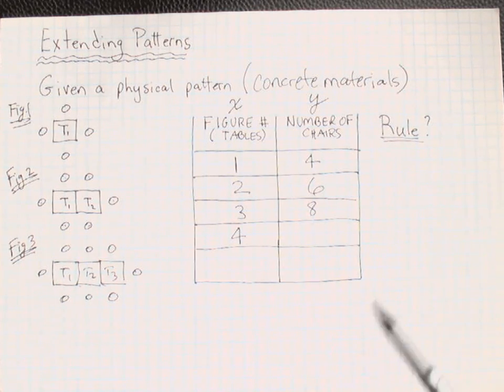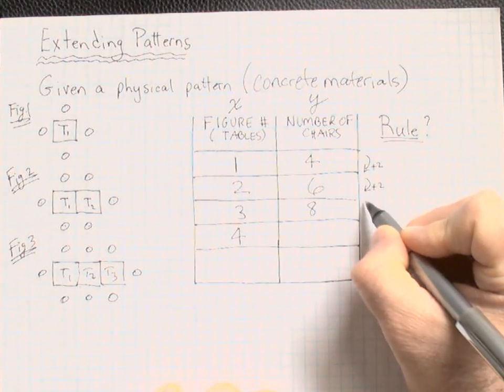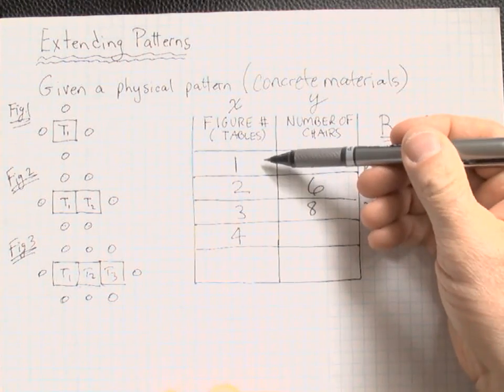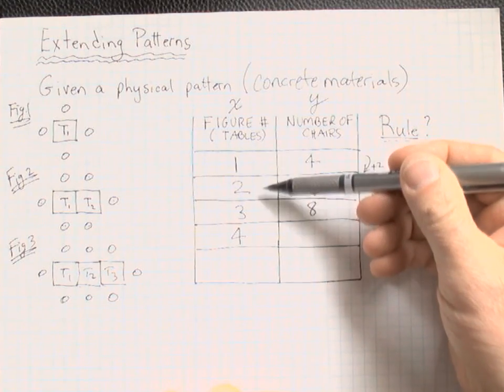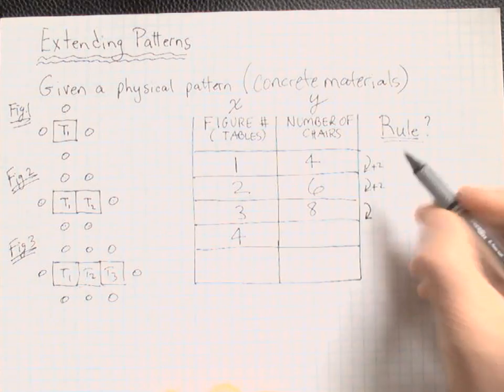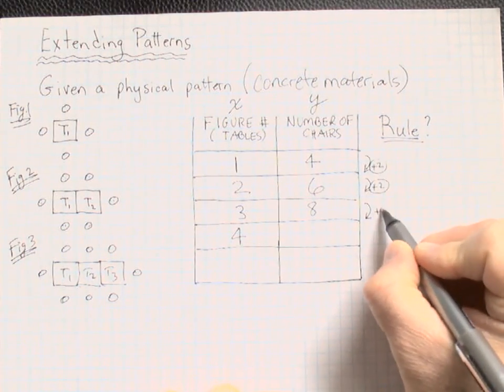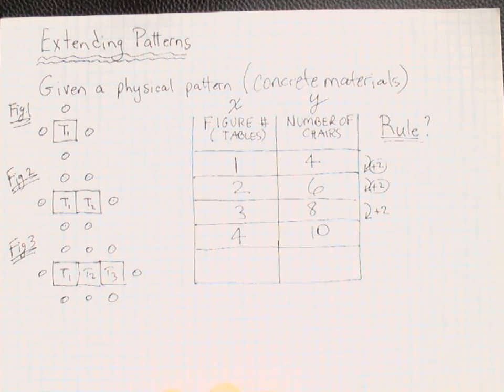And what we're doing this time is trying to determine what a rule is, and also make some predictions for the different pieces that we're going to add to this. So this time it looks like the pattern going down here is +2, and since these are in order from 1 to 4 in consecutive order from least to greatest, we can trust this pattern on the side, and we can actually cheat a little bit to figure this out.